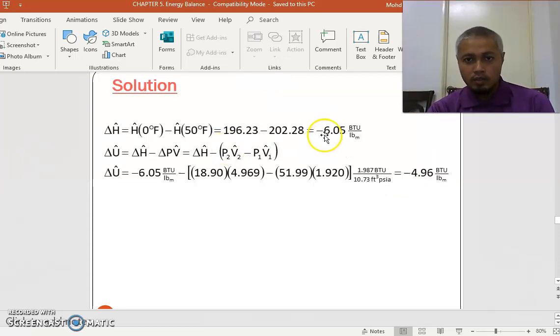Then we get -6.05. Then we go to the internal energy formula that we have learned before, where delta U equals delta H minus delta PV. Delta H we already obtained. Then P2 V2 minus P1 V1 can be obtained from the table.